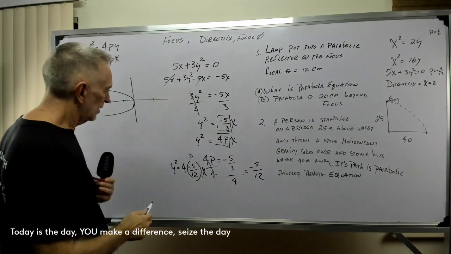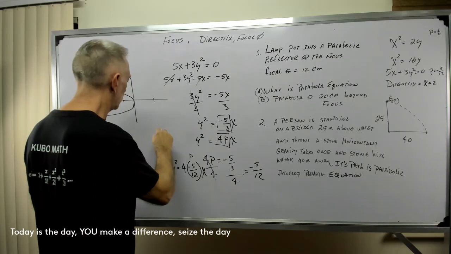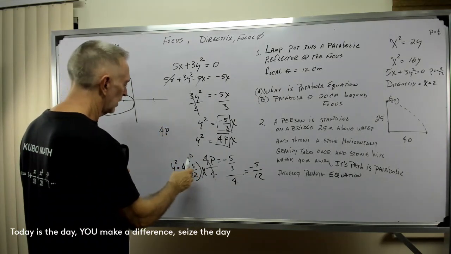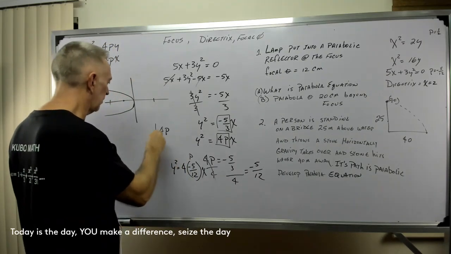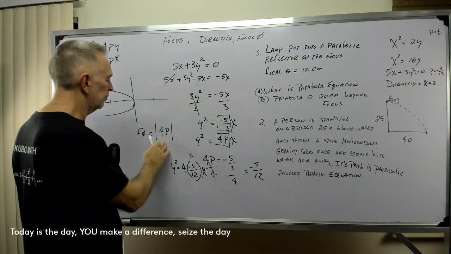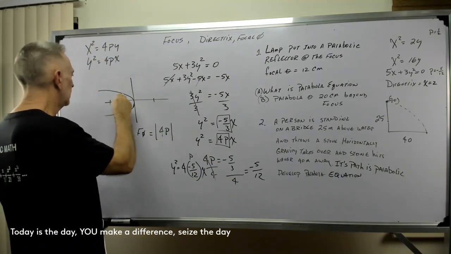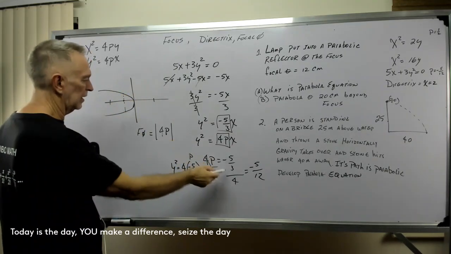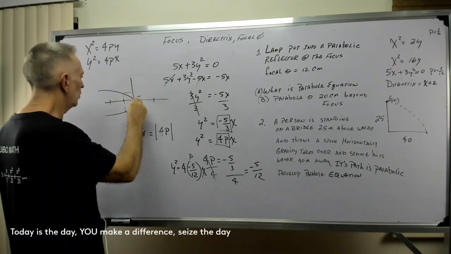Then my focal diameter is going to be 4p, which is minus 20/12, or actually the absolute value of that. The focal diameter equals the absolute value of 4p, which goes back to the absolute value of negative 5/3. So this whole distance right there would be 5/3.